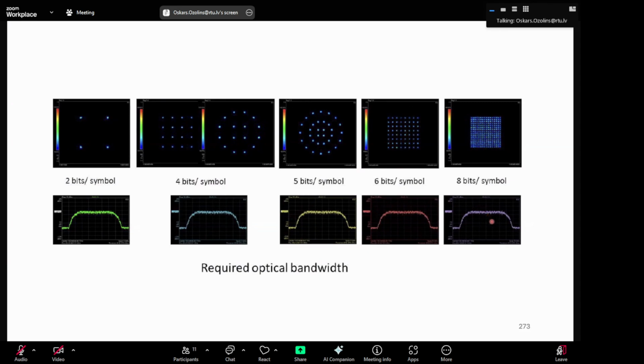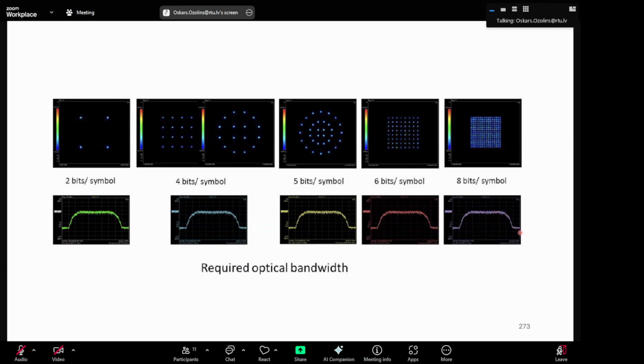So we don't see a change in optical spectrum because optical spectrum, if we do Fourier transform from time domain to frequency domain, then what matters to set up a bandwidth is really the symbol duration, and that also sets up an optical spectrum here.